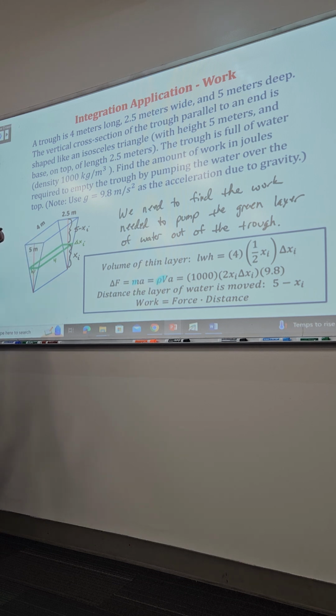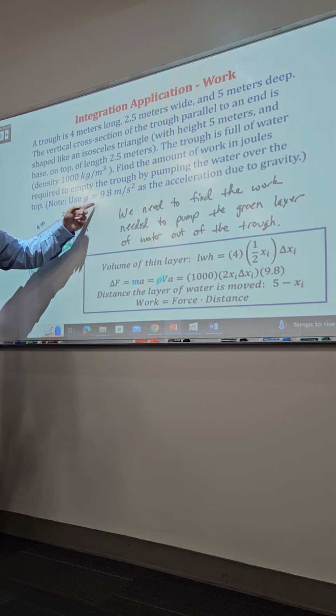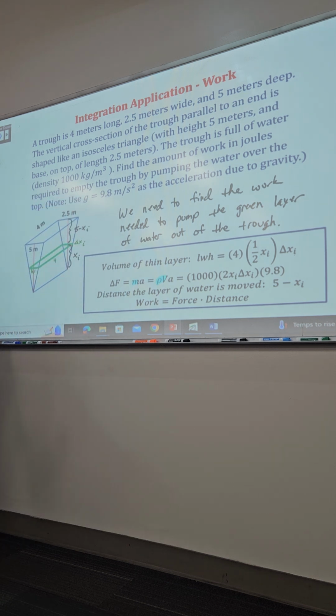The trough is full of water, and the density of this water is 1,000 kilograms per meter cubed. Find the amount of work in joules required to empty the trough by pumping the water over the top. And we're going to use, for gravity, 9.8 meters per second squared, as the acceleration due to gravity.